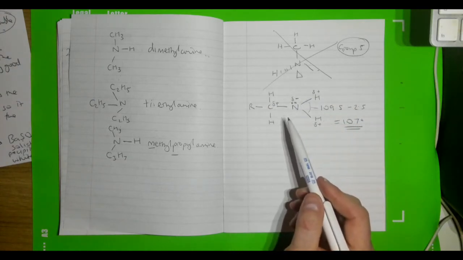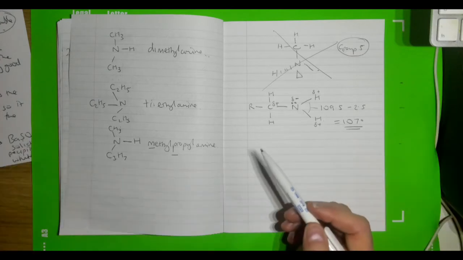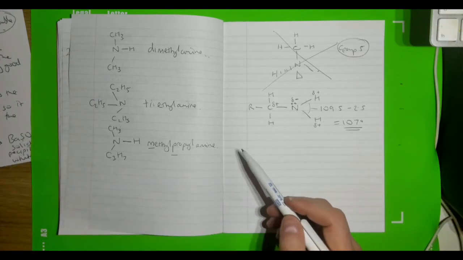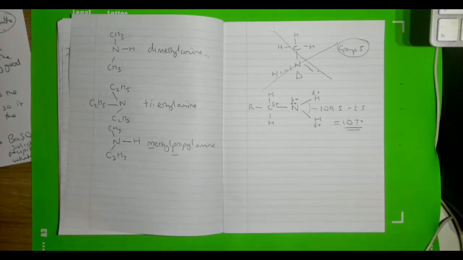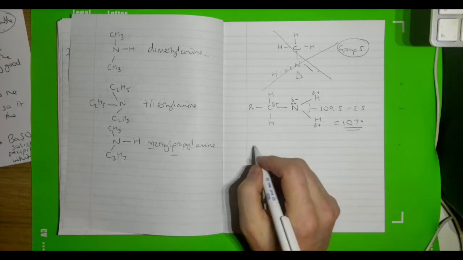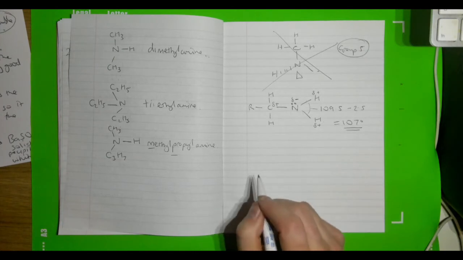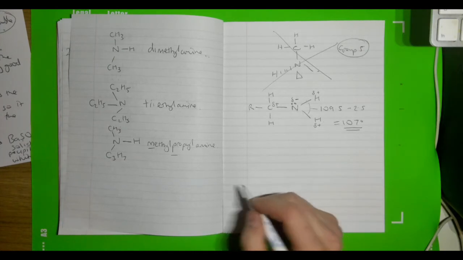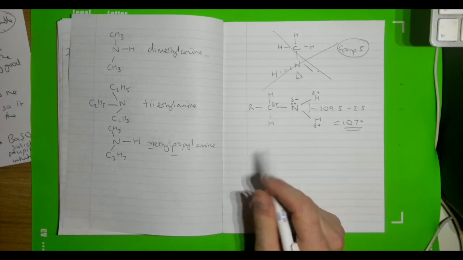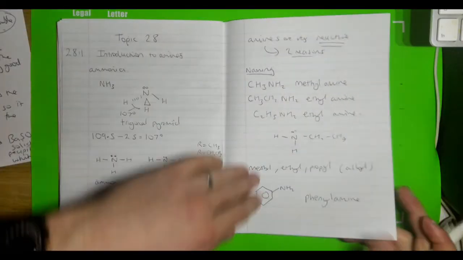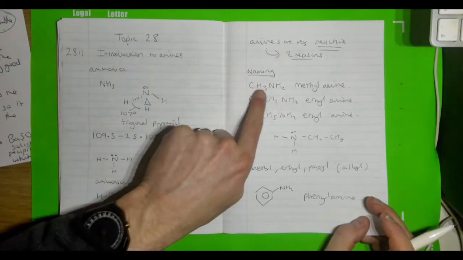Now, what we're going to look at now is a bit of hydrogen bonding. So what I can do now is draw 2 molecules of an amine and draw a hydrogen bond between one molecule and another. So let's have a go at that. Now the amine that I'm going to pick is just methylamine, which is this one here.